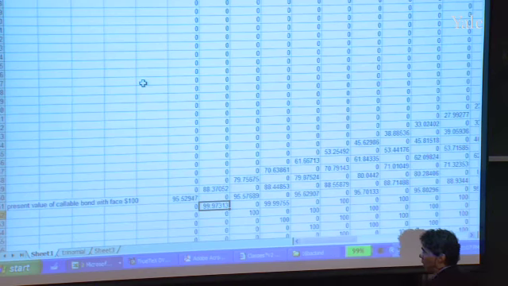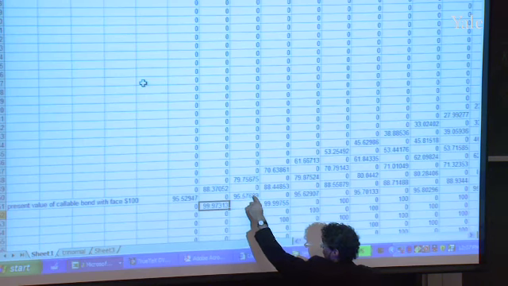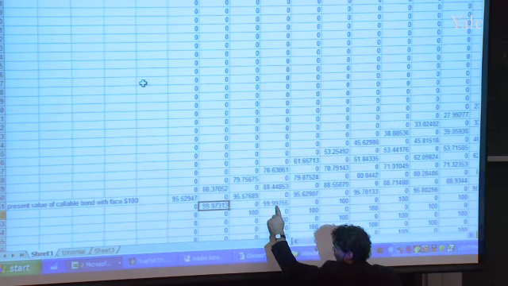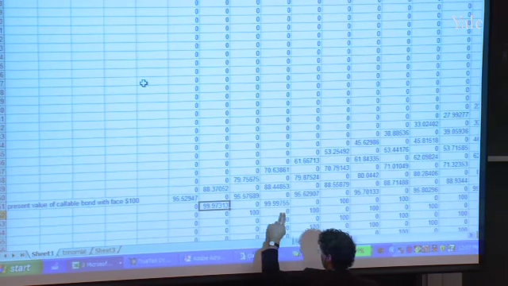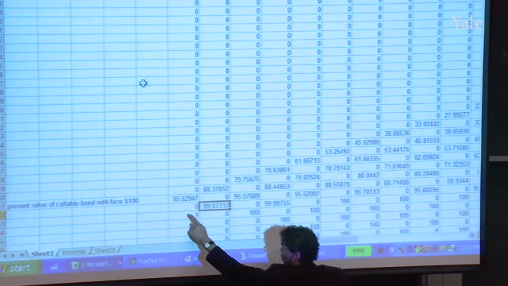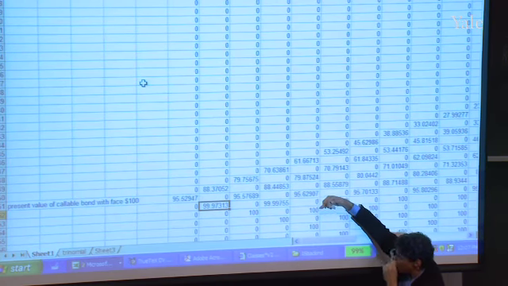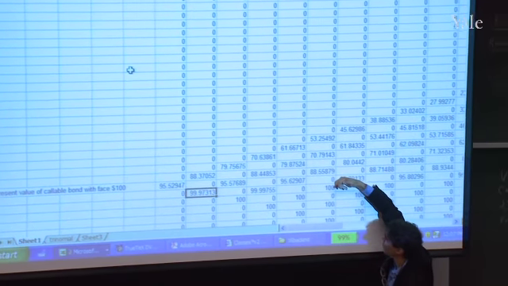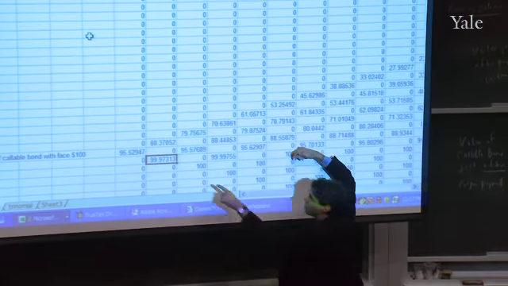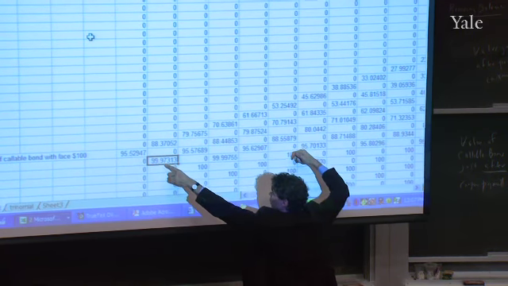On the other hand, if things had stayed the same for a few years, and then in year 5, how many years have we got here? Year 0, 1, 2, 3, 4. So if in year 5 the interest rate goes down to 6.8%. In year 1, if the interest rate went down from 8% to 6.8%, you wouldn't call.